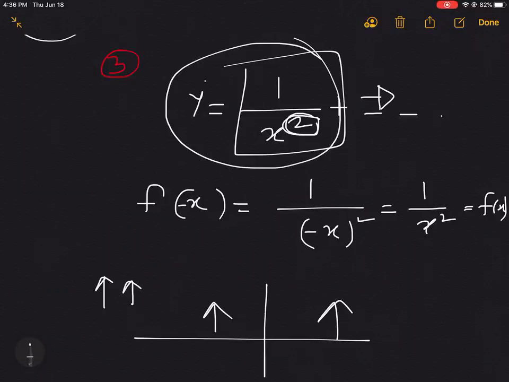Because if you plug in y equals 0, then 1 over x squared is 0, right? So that doesn't really make any sense. If you plug in x equals 0, then it's 1 over 0 squared. It doesn't really make any sense either. Okay, so there are no real x and y intercepts here. Can you see that?